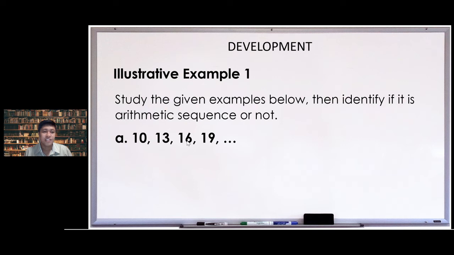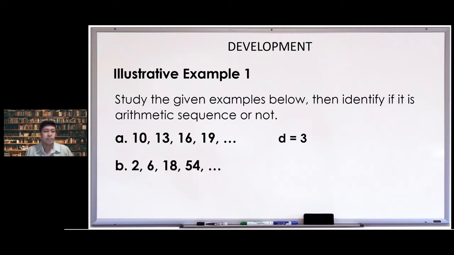Next, 16 minus 13 is equal to 3. 19 minus 16 is equal to 3. See? There is a common difference of 3. Again, there is a common difference of 3. Yes, so this is an example of an arithmetic sequence.